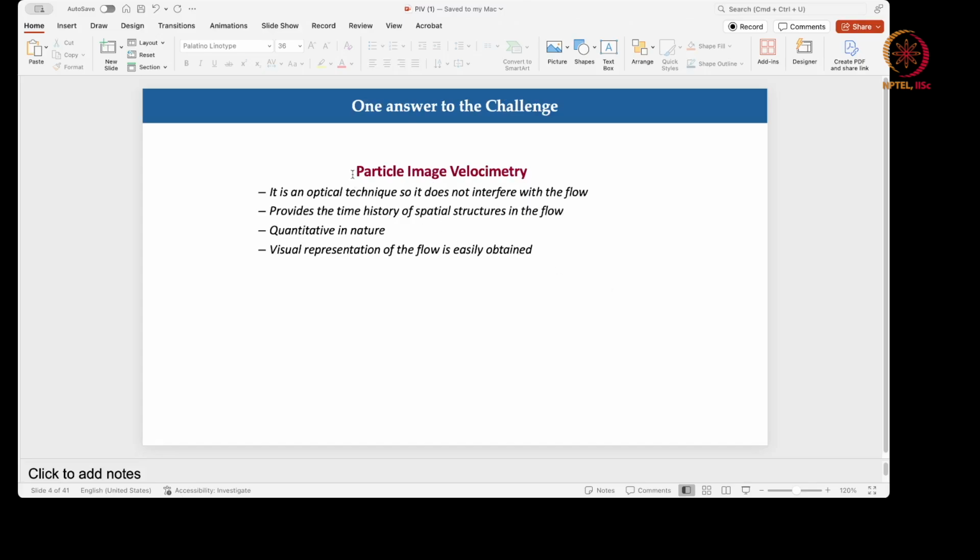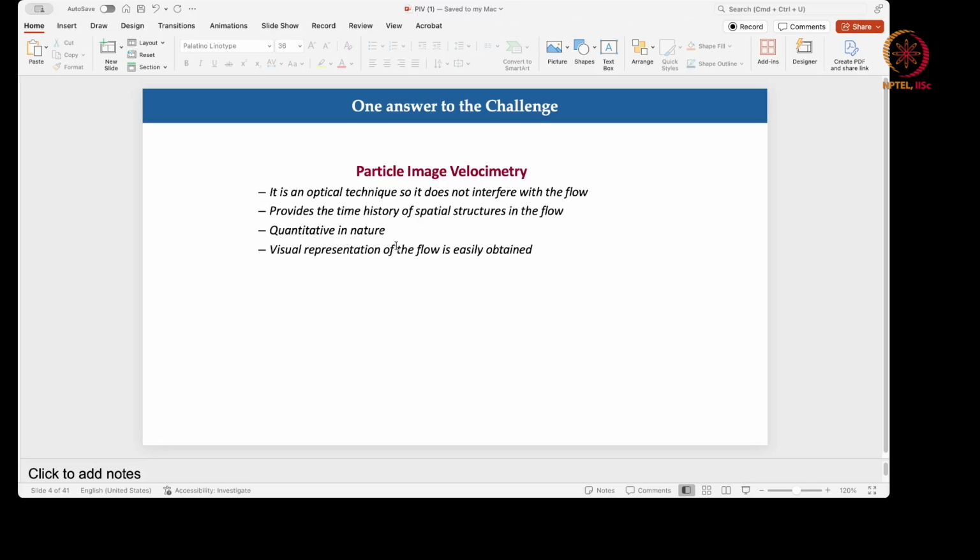Our answer was particle image velocimetry, which is an optical technique, as we know by now, which does not interfere with the flow at all, unlike probe-based measurements. Even with low-speed PIV, you can get an idea of the spatial structures in the flow, and therefore it is very quantitative in nature, and also very visual.